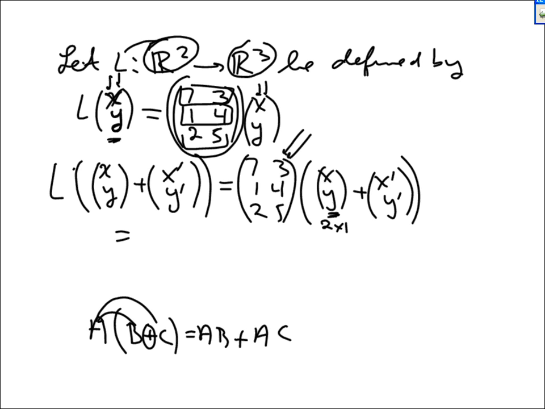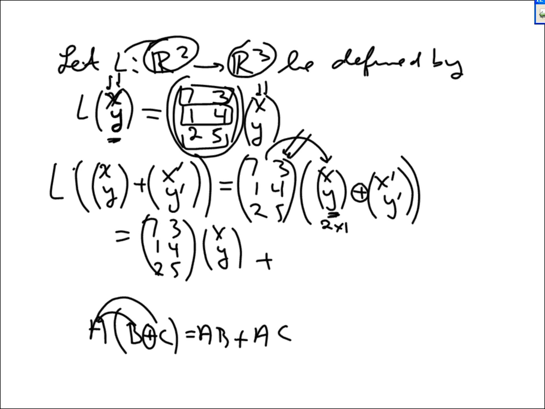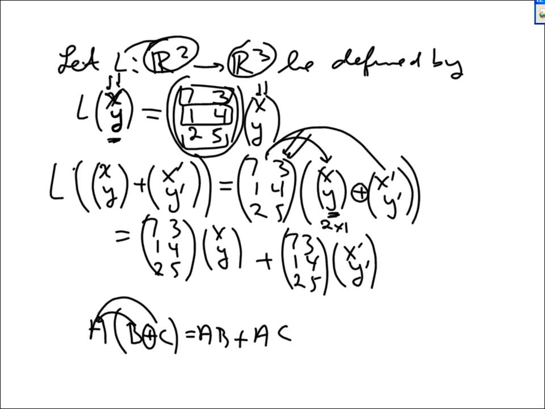In other words, it is this matrix, 7, 3, 1, 4, 2, 5, times xy, plus that same matrix times x prime y prime. Right? Now, that matrix times any vector is L of that vector.